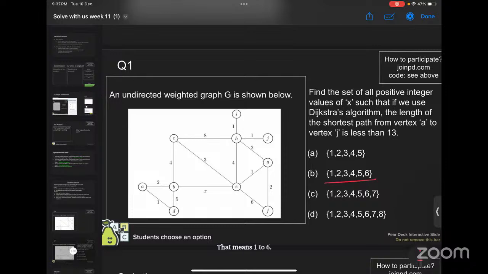So clearly, we want to find the shortest distance from A to J. That means we will follow this path, the minimum, then again the minimum. Then we have two different choices, 2 and 6, where 2 is the minimum. We cannot take this because it will form a cycle. So we take this route, then this, then this, then this.